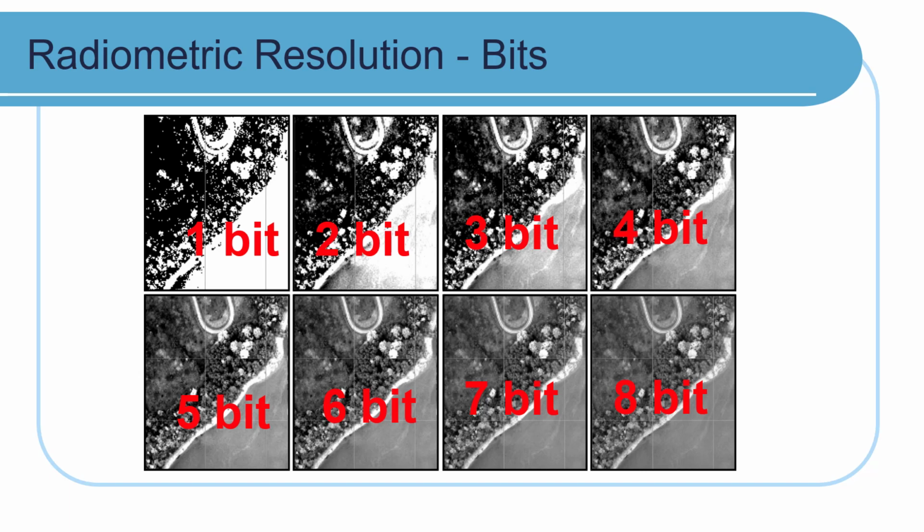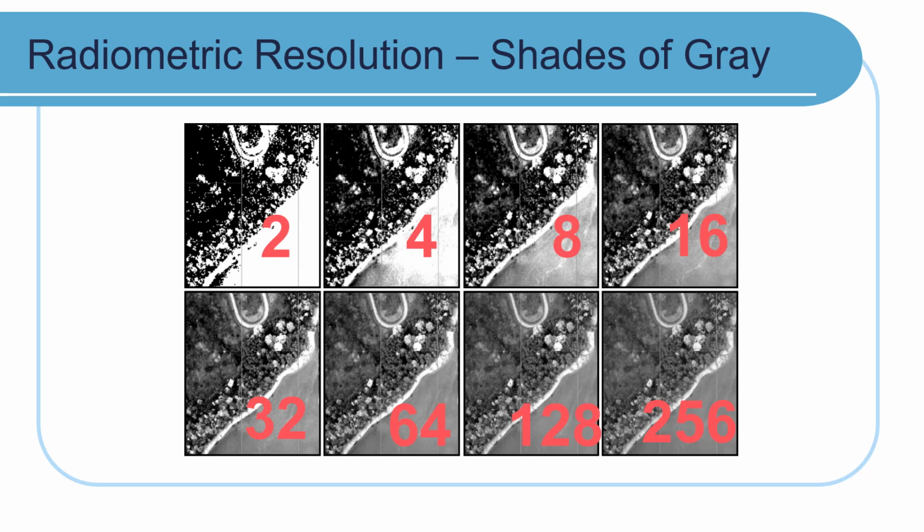If you compare the 8-bit to the 1-bit, what might have looked like a road in the 1-bit image is actually probably a track of an athletic field. You can see variations in the water, you can see the shoreline very clearly, and you can actually see the crowns of individual trees in that 8-bit image.